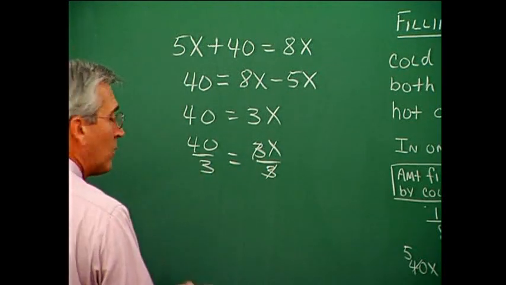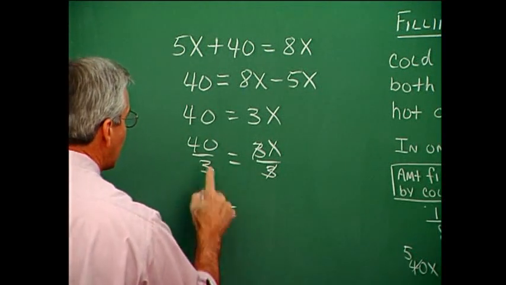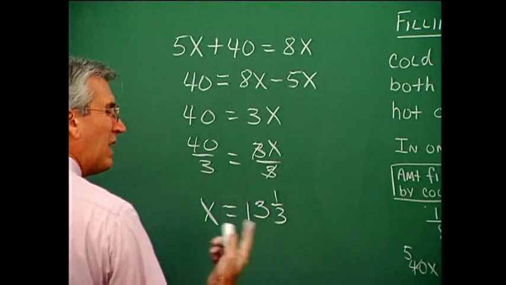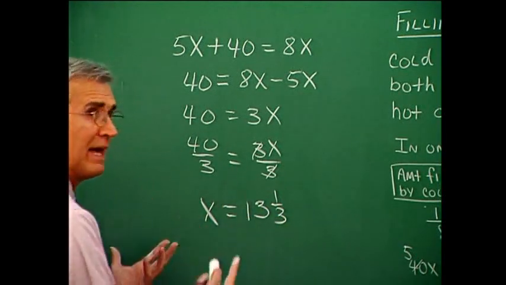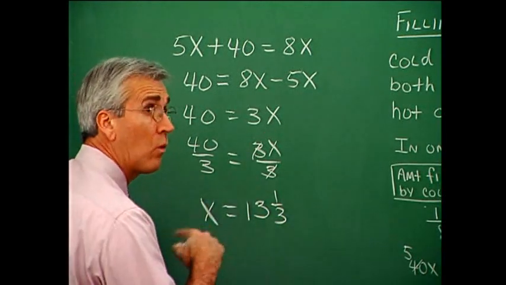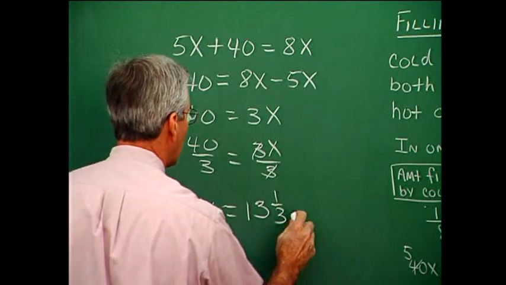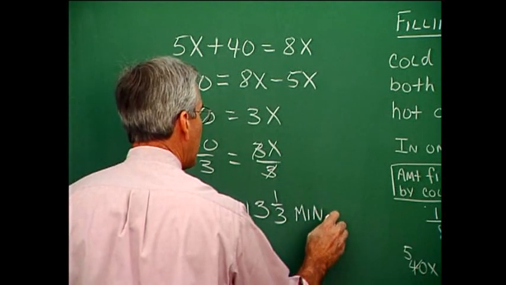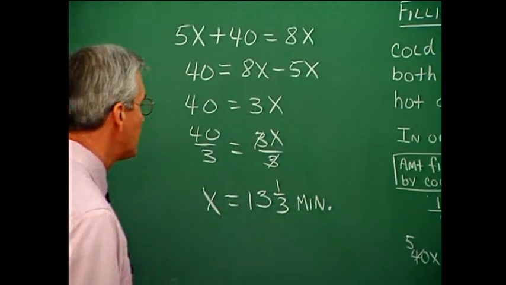But what's that? Well, 40 over 3 is, if I divide 3 into 40, I get 13 and 1/3. And what was this? Well, X was some number of minutes. You see, it was X number of minutes for the hot water tap to be used. So it's 13 1/3 minutes that would be required if the hot water valve was used by itself.